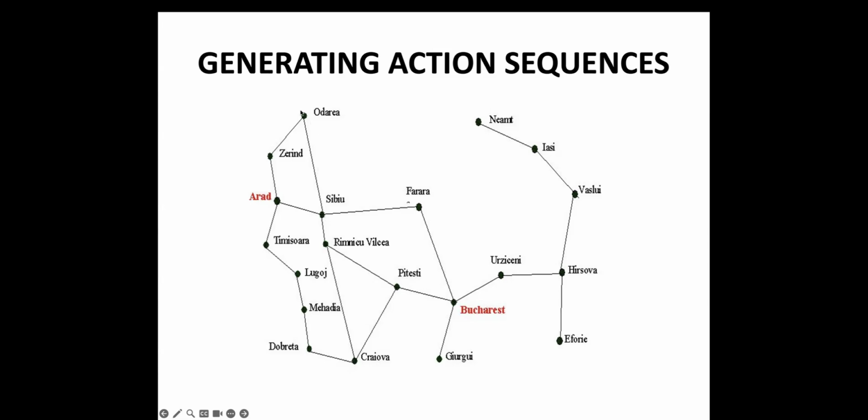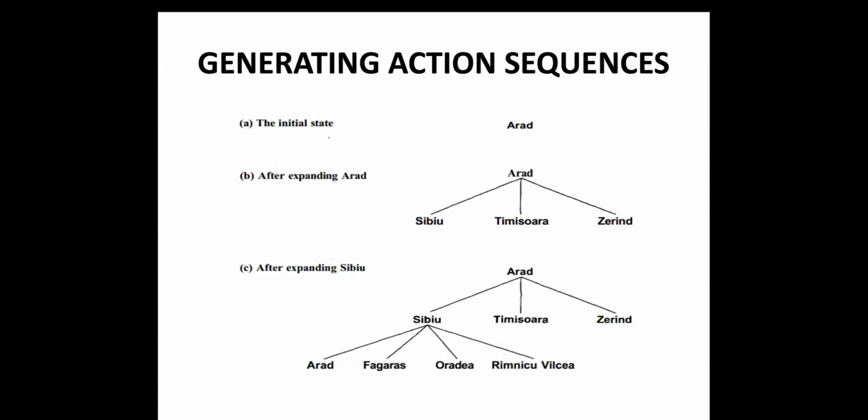Oh, okay, there's Oradea, there's Fagaras, there's this other town, and there's a possibility of going back. So Sibiu has 4 nodes coming from here. So we now check the children whether each one of these is the goal. If not, we'll keep expanding until we get to the goal that we want to achieve.